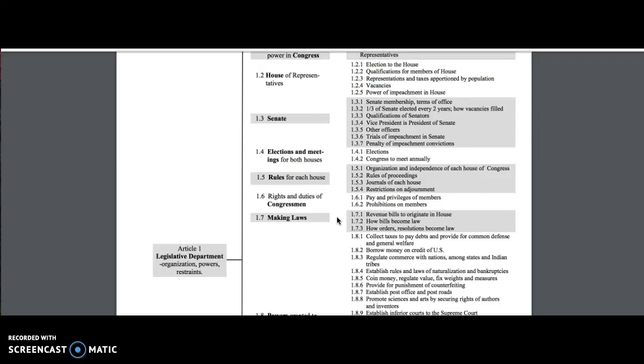If you look in the articles, it's going to talk to you about establishing the common defense for general welfare. Here's Section 1. So Article 1, Section 8.1 is an example of us establishing the general welfare. So you could use that as your direct quote.